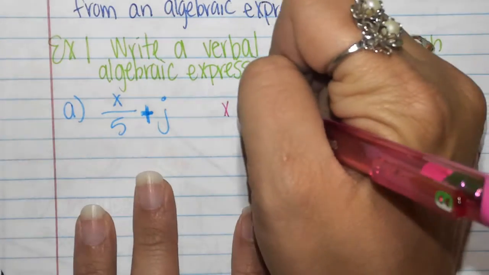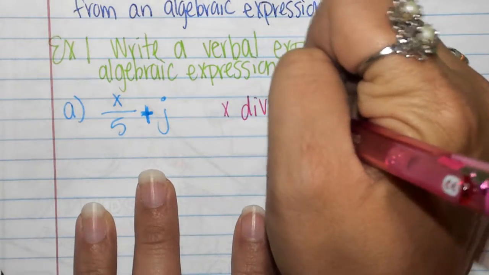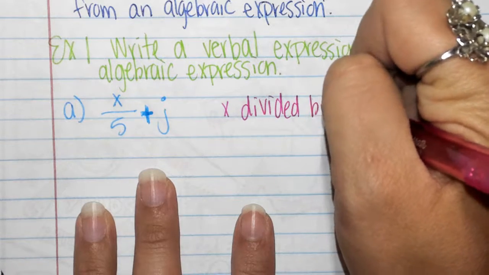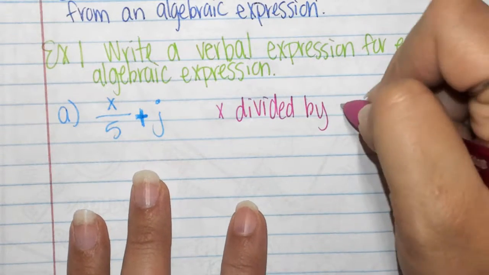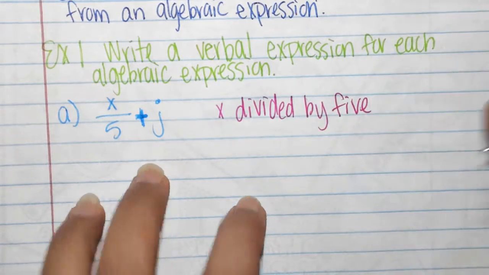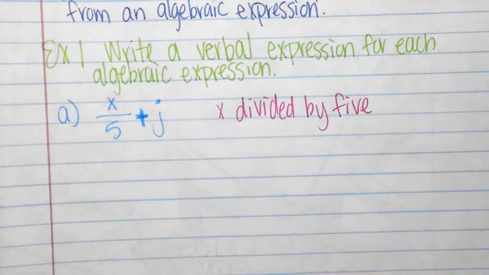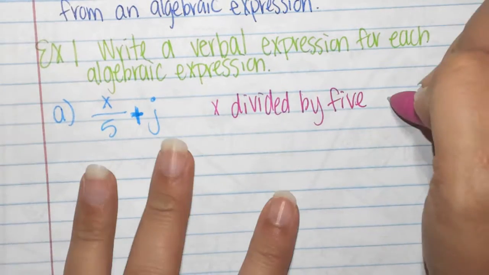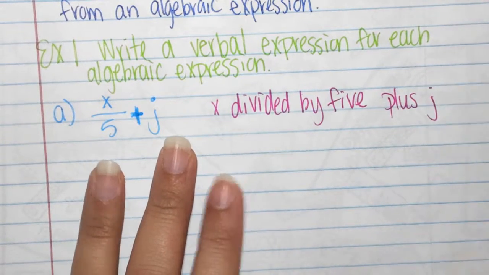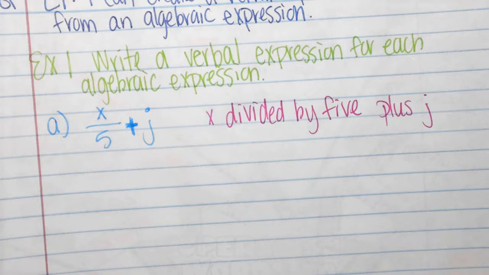Okay, so we just write x divided by what? 5, and let's write the word. Then what? Plus j. Boom, that's it. We didn't have to get fancy. We didn't have to go crazy. We just wrote what it said, and that's all I'm asking from you here.